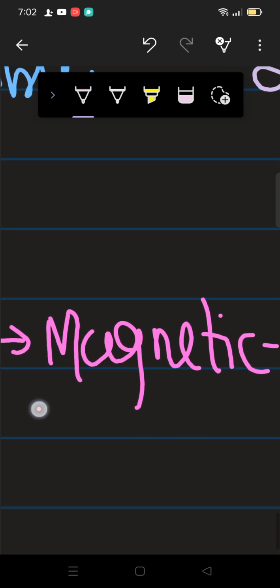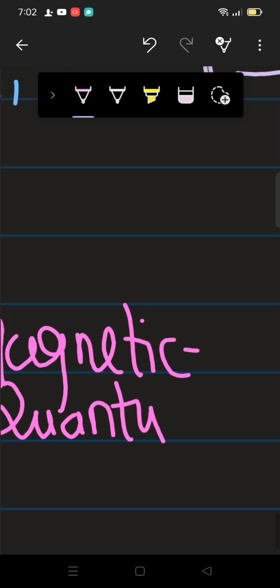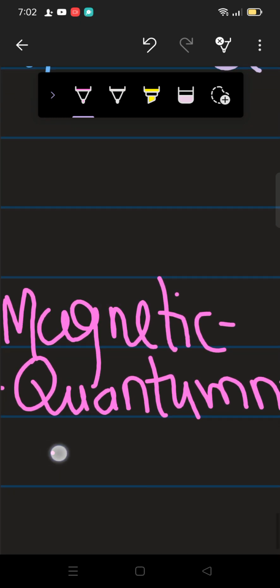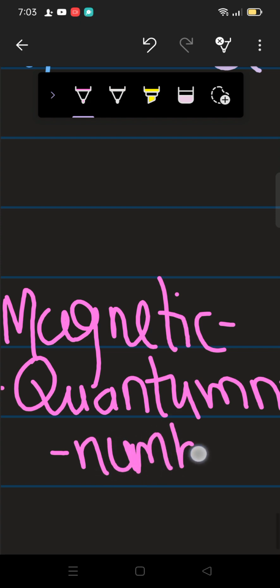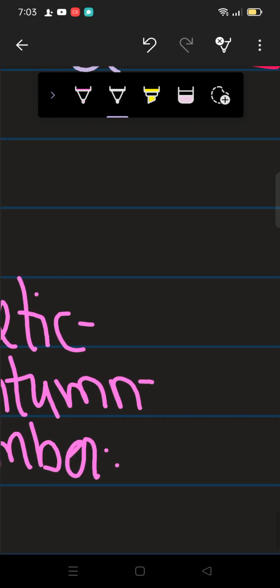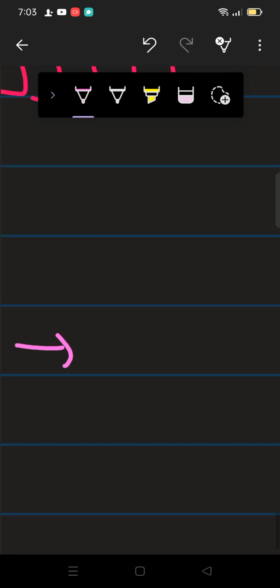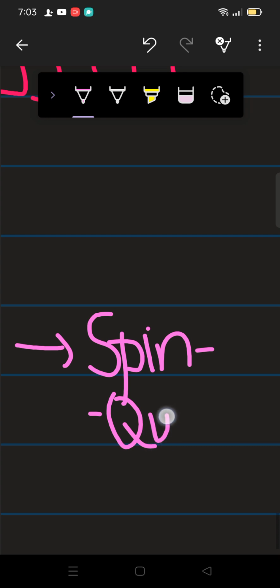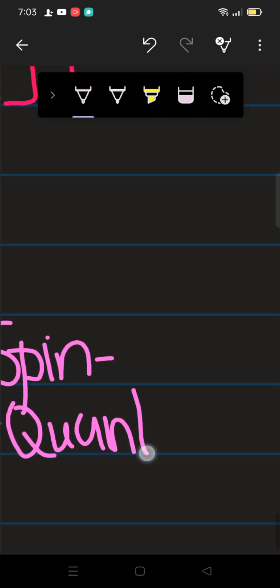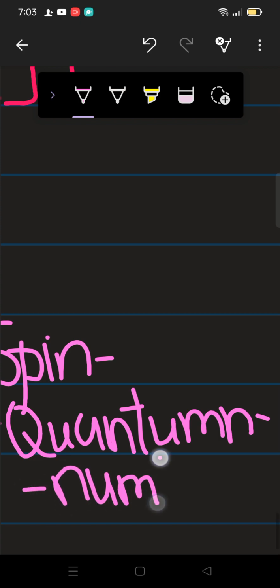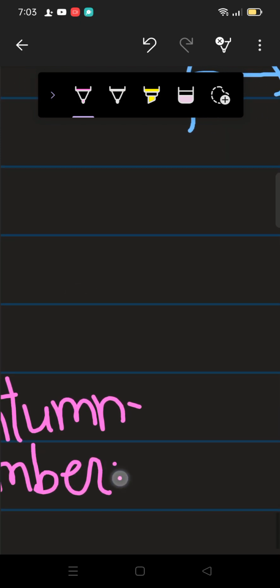Magnetic quantum number, which is of course denoted with the letter M, and in the end the spin quantum number, which is denoted with the letter S.